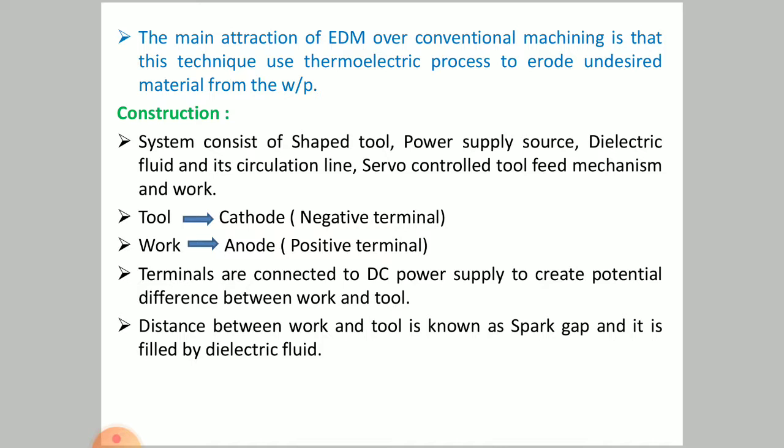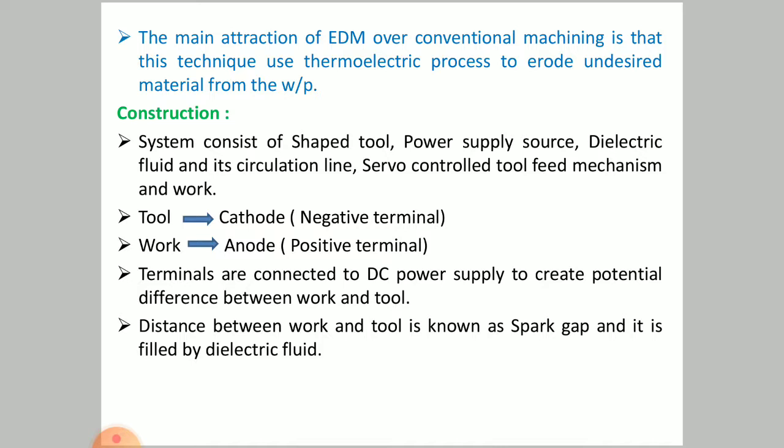Now here in this process, the tool is given negative charge, which is the cathode, and consequently the workpiece is given positive charge, nothing but the anode, right? The terminals are connected to DC power supply to create potential difference between work and the tool.